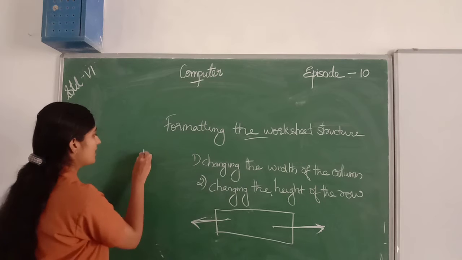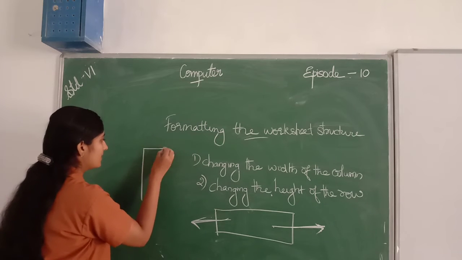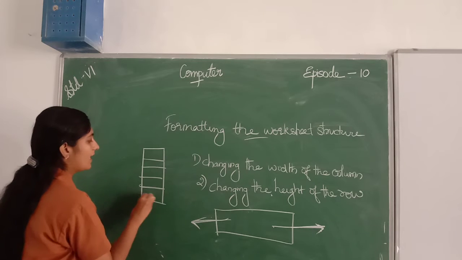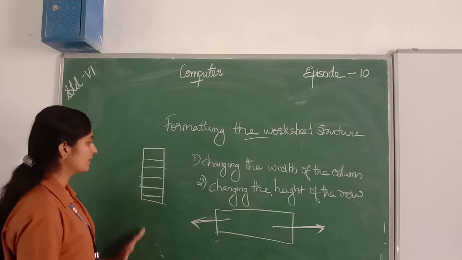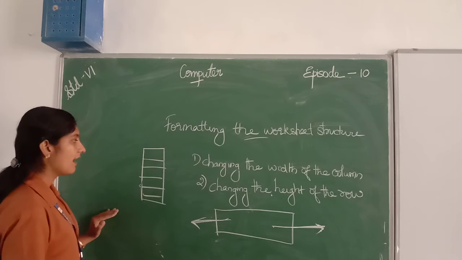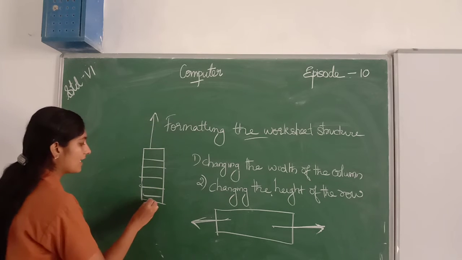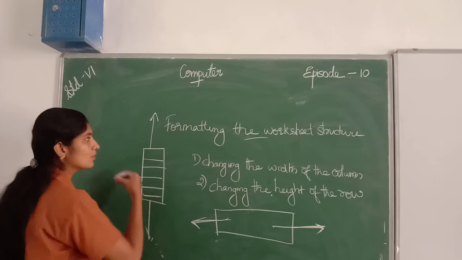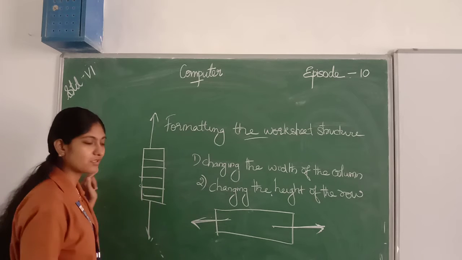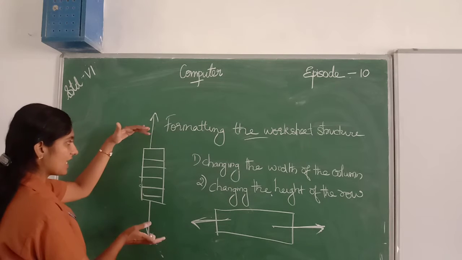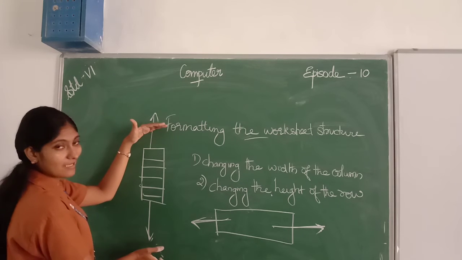Then how to change the height of the row? For example, this is a row which contains some data, and if you want to increase the height of the row, just drag the border to the top portion or to the bottom portion so that the row height will be increased.